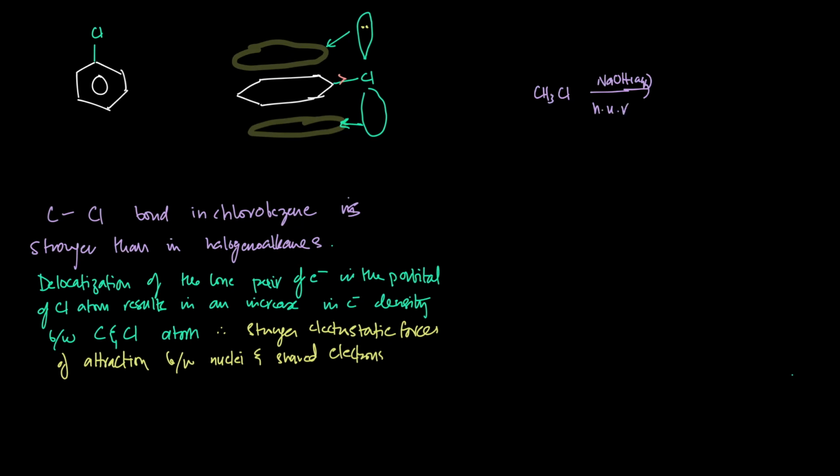This is called nucleophilic substitution, right? And specifically, if the Cl group was replaced by an OH group, what kind of a reaction was this? This reaction can also take place with water. The mechanism was nucleophilic substitution, right? But this is called hydrolysis, right?